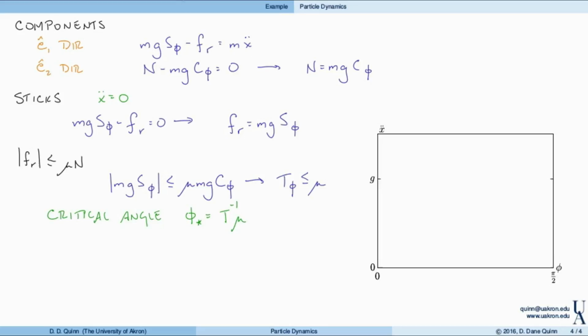Finally, if phi is greater than this critical angle, then the block slides. And when it slides, we know the friction force.